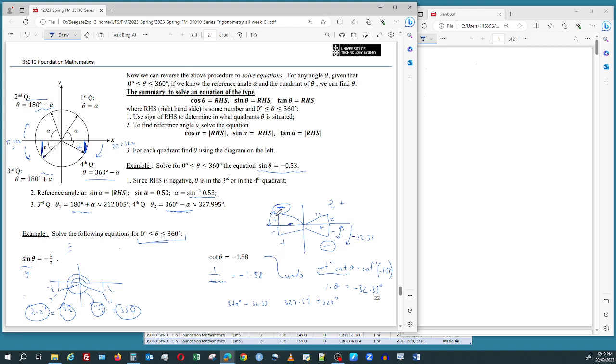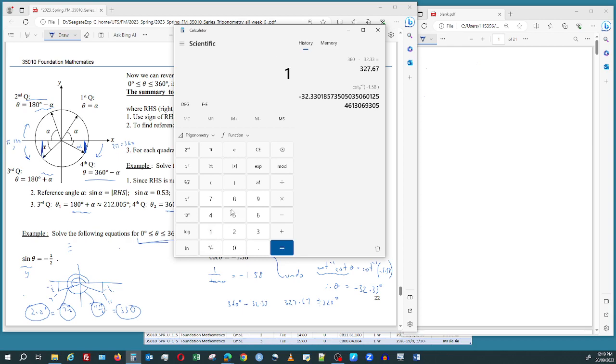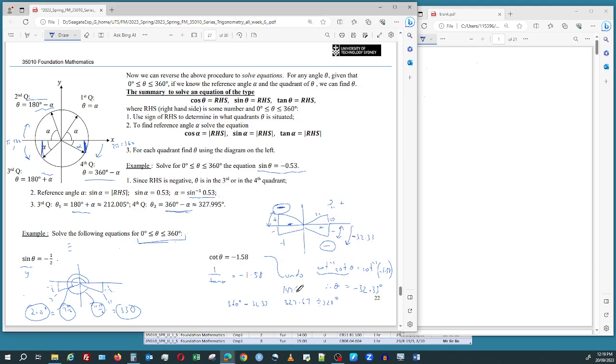The other one up here is 180 minus 32.33, which is 147.67, which will approximate to 148 degrees.